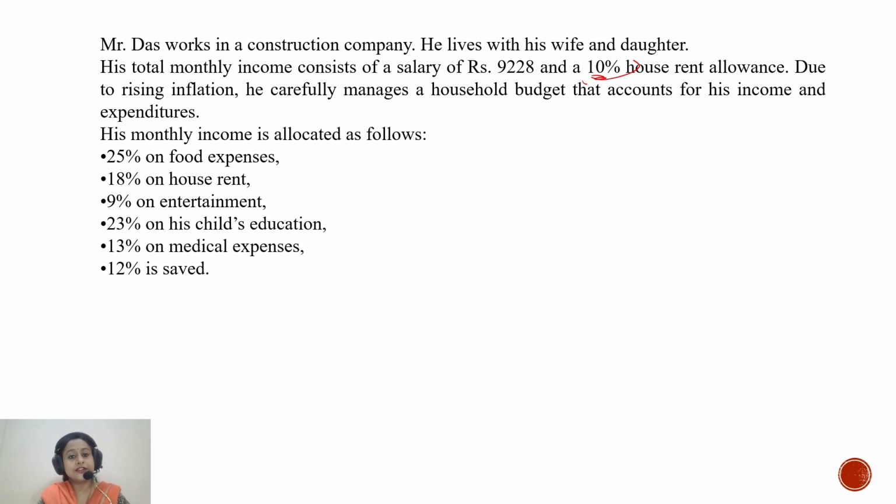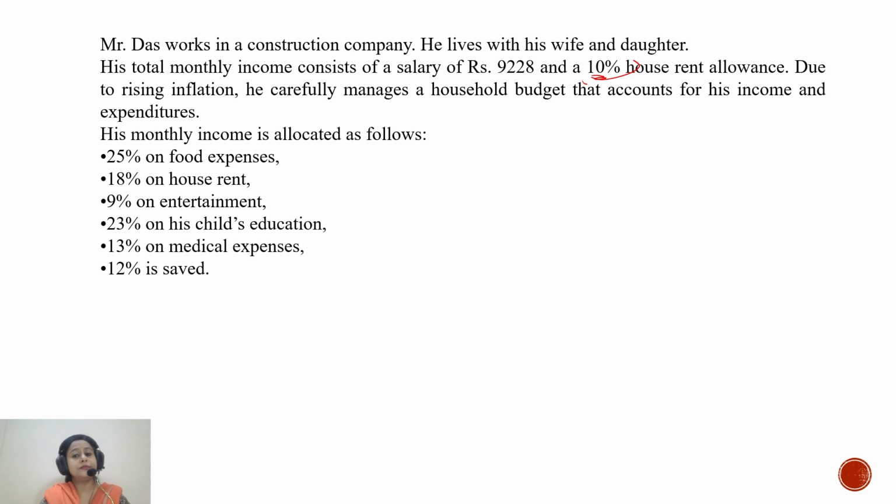Now, due to rising inflation, he carefully manages a household budget that accounts for his income and expenditure. His monthly income is allocated as follows. So there are different heads, different items are mentioned here, as you can see, right?